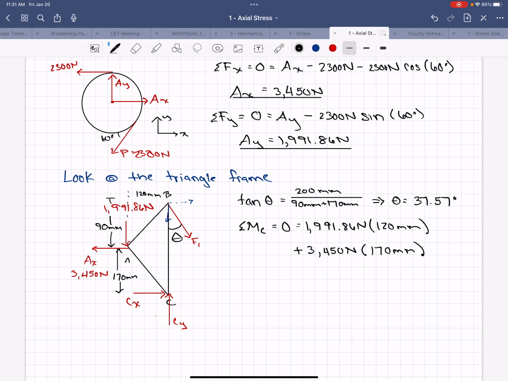So we have minus F1 times the sine of theta, which is 37.57 degrees, and then that distance for this moment is this whole distance between B and C, which is 90 millimeters plus 170 millimeters. Now all of that equals 0, so we can solve for F1.